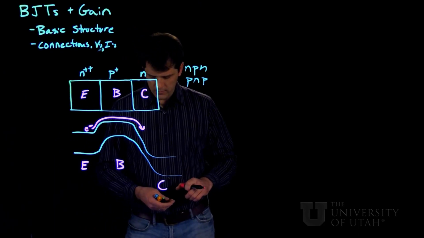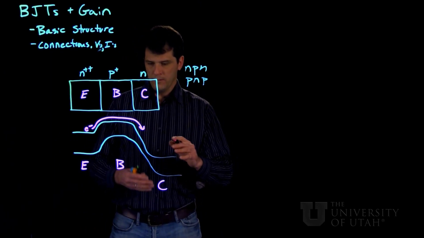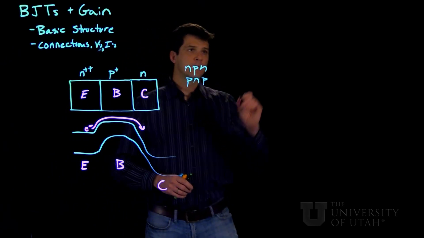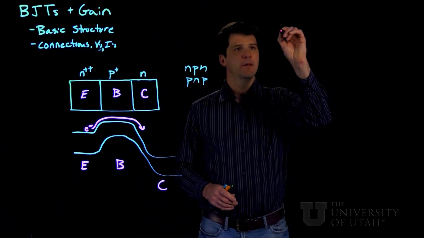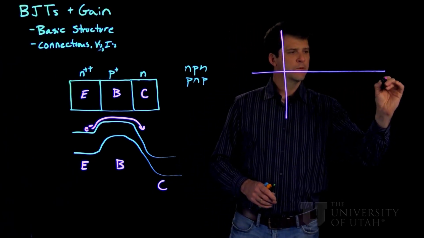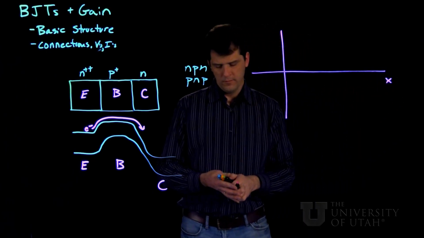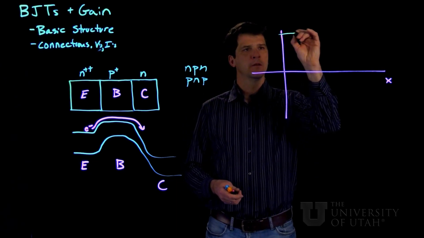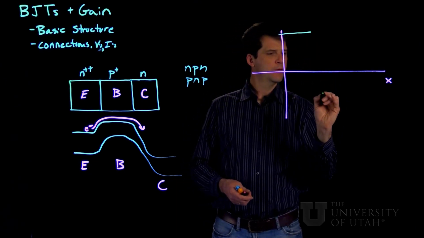So the doping diagram that produces this band diagram looks something like this. So we're going to look at the net doping in the three regions versus distance x. And in the N plus side, we're up here at 10 to the 17.